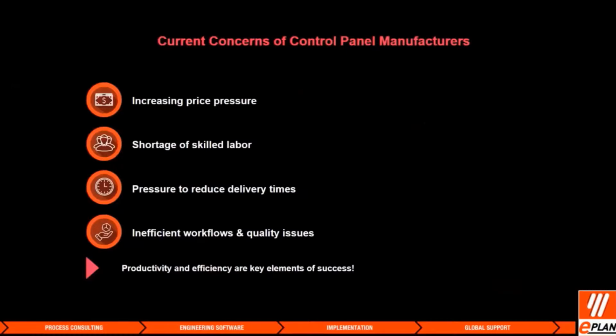Certainly before the COVID-19 pandemic, this was a very large topic with a lot of customers over the last couple of years, not being able to find good resources for panel builders out on the floor as well as engineers up front. But then also, there's that everlasting pressure to reduce delivery times to the end customers. And many customers recognize that there are inefficient workflows and quality issues on the floor and are looking for ways to address those.